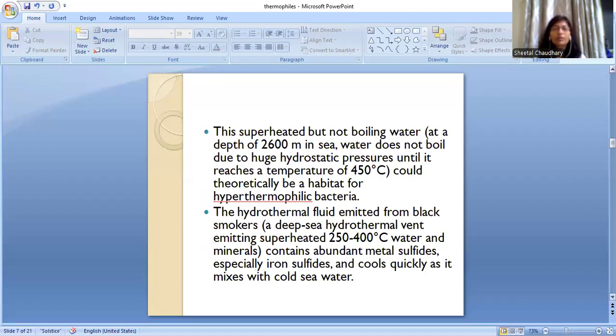The hydrothermal fluid is emitted from black smokers. A deep sea hydrothermal vent emits superheated water at 250 to 400 degrees centigrade, and the minerals it contains, abundant in metal sulfide, especially iron sulfide, cool quickly as the fluid mixes with cold sea water.